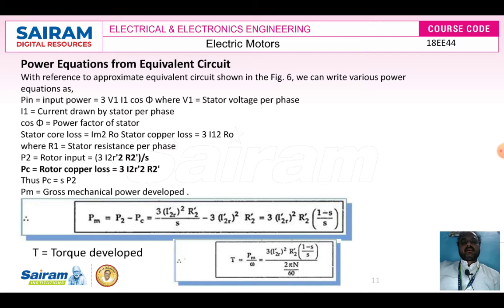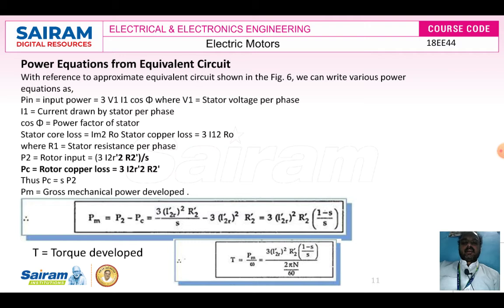In this, cos phi 1 is the power factor, I1 is the current drawn from the stator per phase, and V1 is the stator voltage per phase. Stator core losses are I0 square into R0.